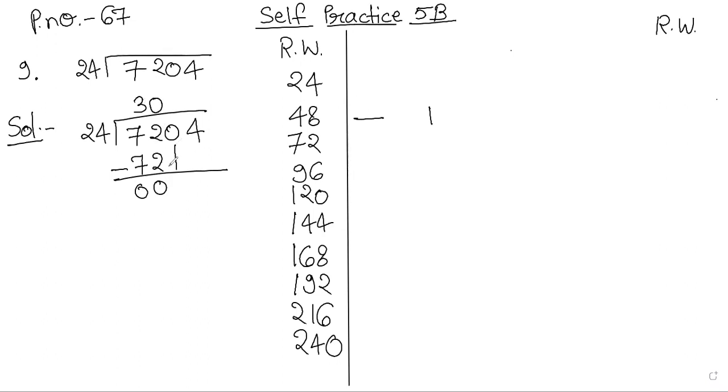Now again bring down the next digit, which is 0. Now your number is 0, 0. Again this 0 is not divisible by 24. So what will we do? We will put 0 in the quotient part. If the number is not divisible by the divisor, what will the quotient be? Quotient will be 0. Now bring down 4.